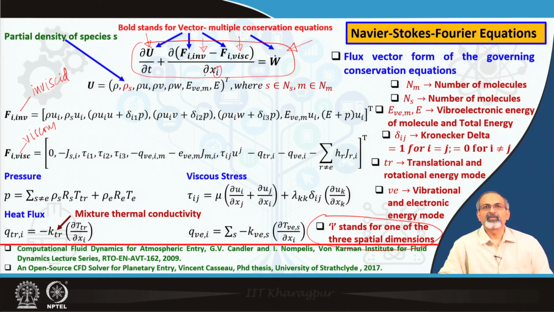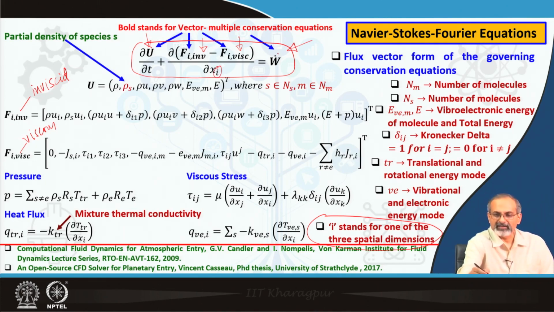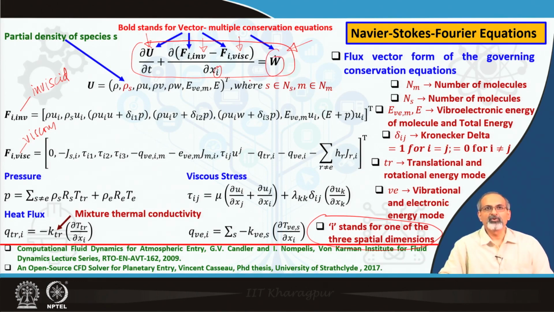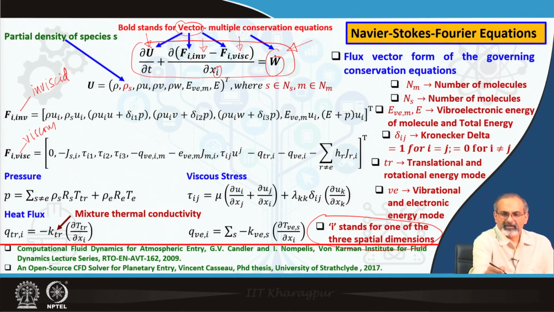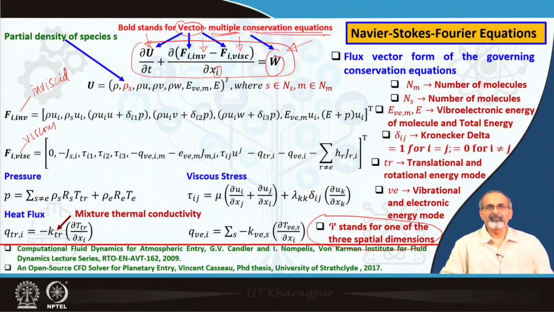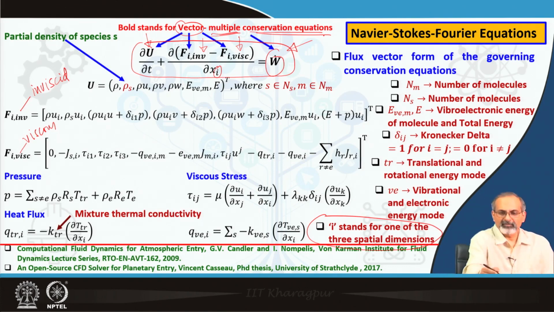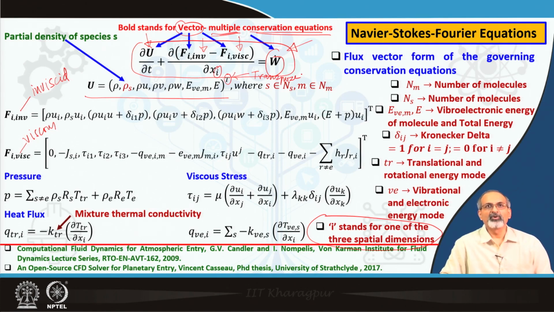Correspondingly, the derivative along the respective coordinate direction, and this is again another bold term W, which is basically a source vector. When we are talking about a vector, it has multiple components, and the multiple components essentially address the multiple conservation equations. If you were to expand the U vector, it is basically a column vector, but we have written it in a horizontal manner in a row form with a transpose here, which basically means that it is a column vector, containing all the components of the U vector starting from rho, rho s.